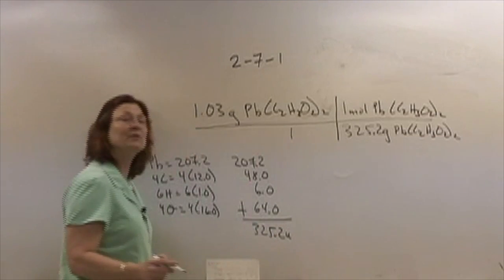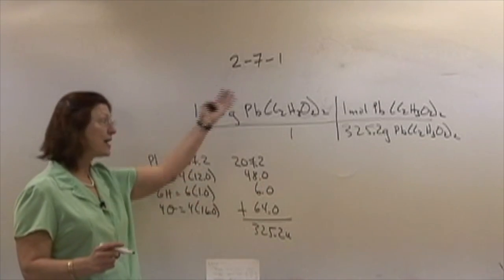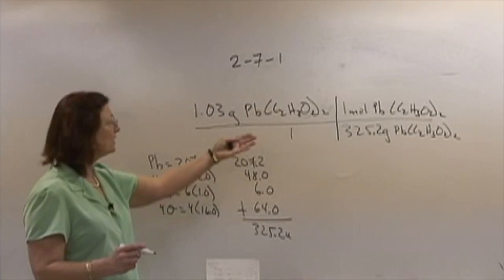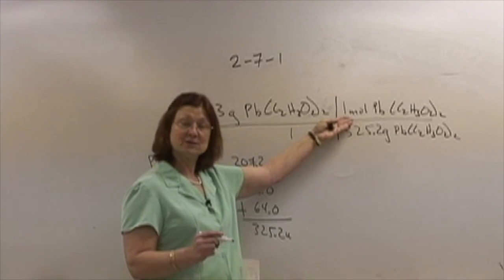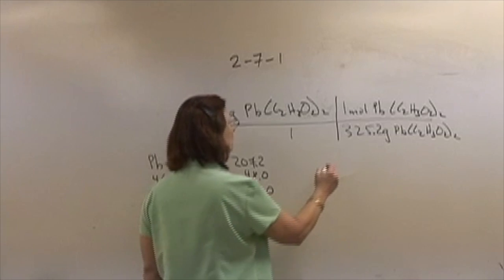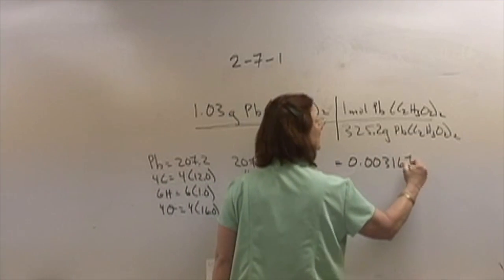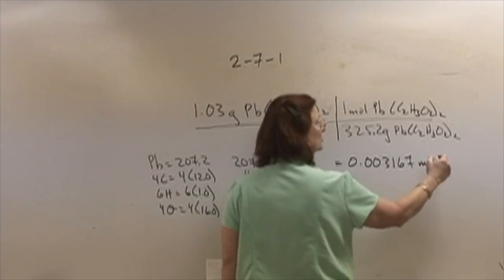325.2 AMU. Now, in this case, we need to use the AMU as grams per mole. And the mole is where I'm going, that's what I'm looking for, and grams is what I need to cancel. And therefore, I get 0.003167 moles of the lead-2 acetate.